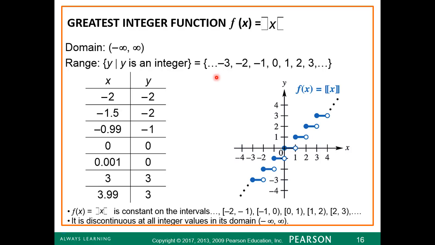For the range, it's going to be all of the integer values from negative infinity to positive infinity. This is constant on the intervals from negative 2 to negative 1, then from negative 1 to 0, then 0 to 1, 1 to 2, and so on and so forth. Notice that the square bracket is on the left here.